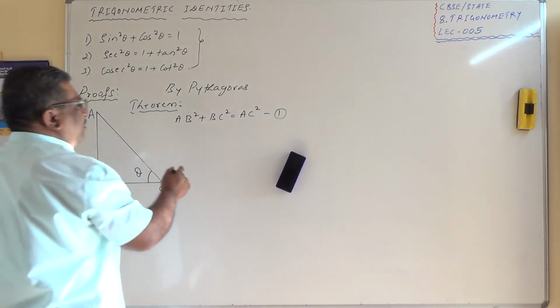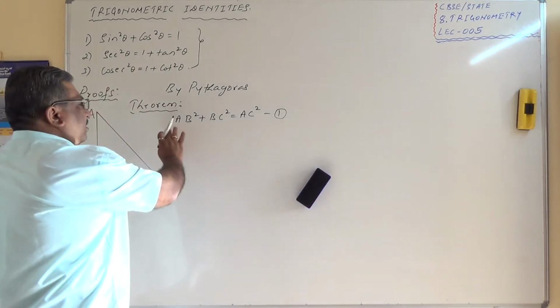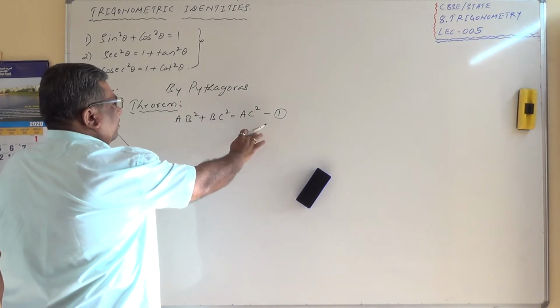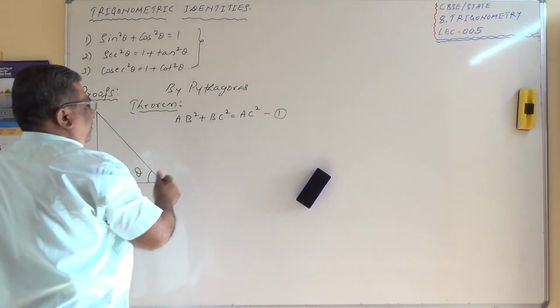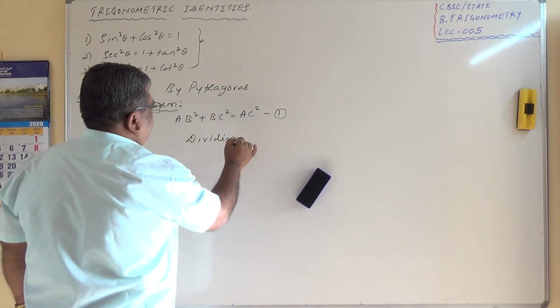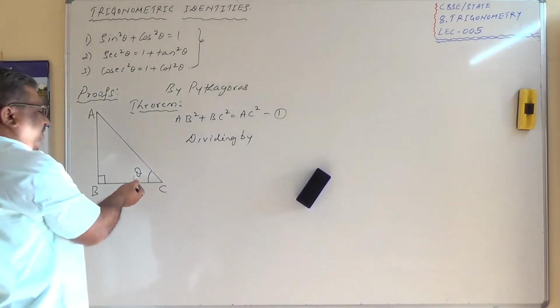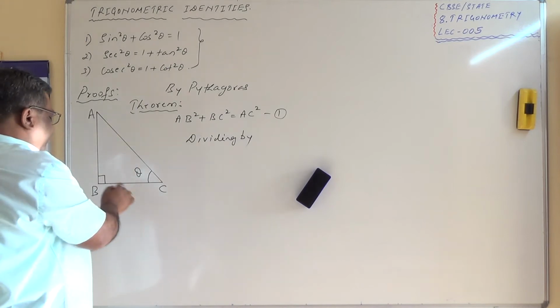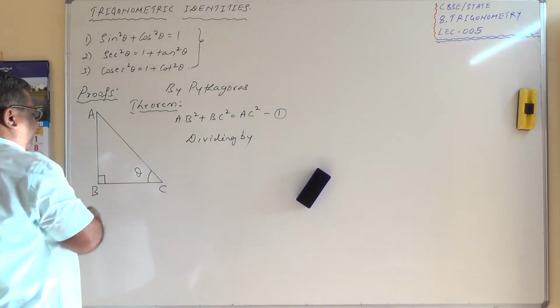So first I will divide the whole equation by hypotenuse square AC square. Dividing by, this theta is the reference angle, so AC becomes the hypotenuse, BC is the adjacent side, AB is opposite side.